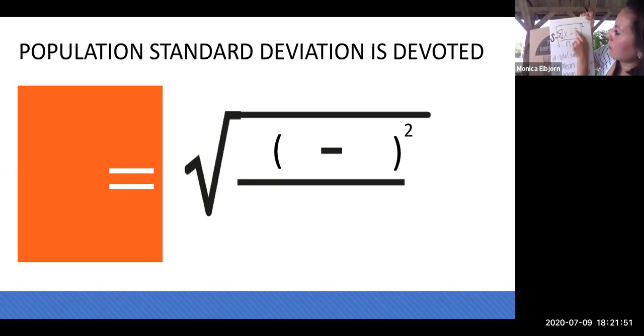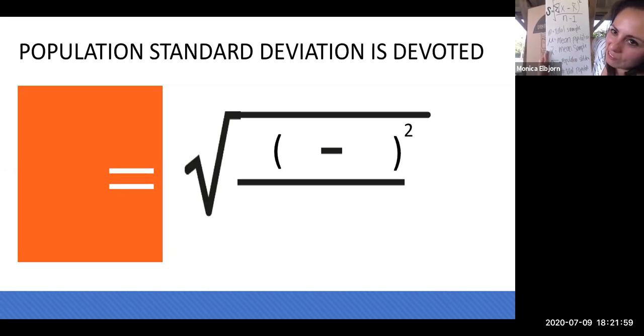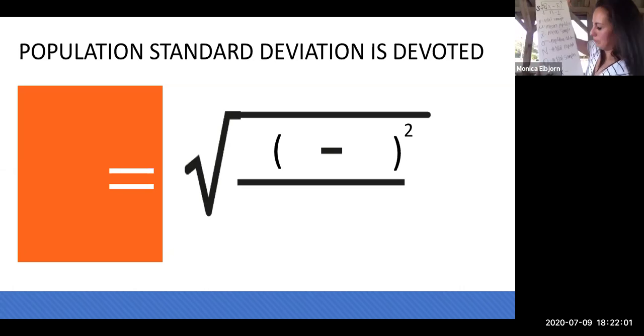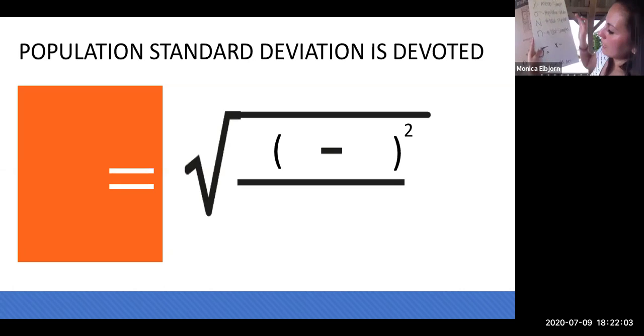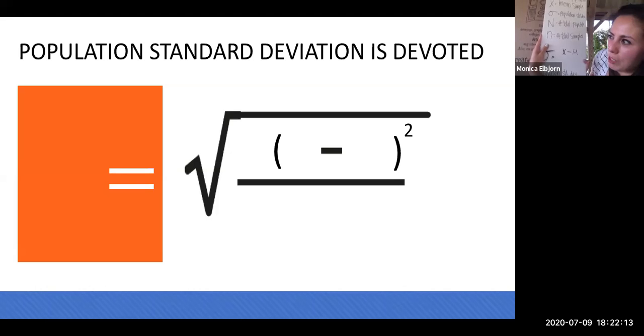Well, over here, the mean was X bar because X bar was the mean of the sample. What's the mean of the population? Someone said earlier. Mu, very good. So we're going to see how far our data points are from mu. And then you remember what we do in order to not have negatives and positives?